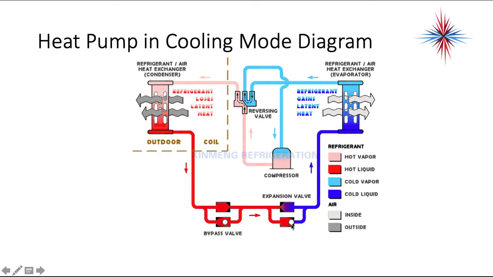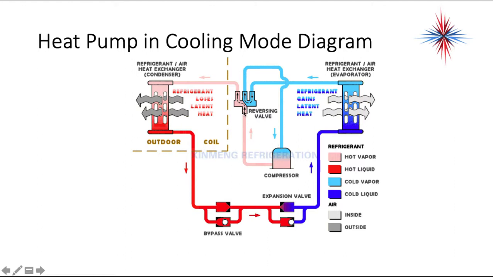Notice that this bypass here is closed. The little ball bearing has slammed against the pipe so that all the refrigerant is forced through the expansion valve. Then we're coming through the evaporator, boiling off, absorbing heat, coming back through the reversing valve. See this U here? And we're coming into the suction line.